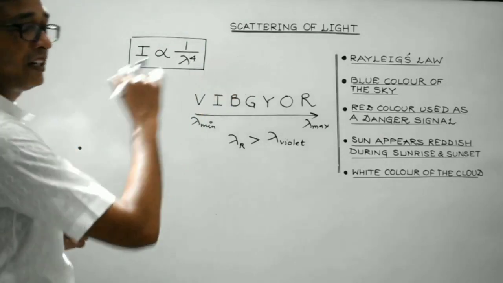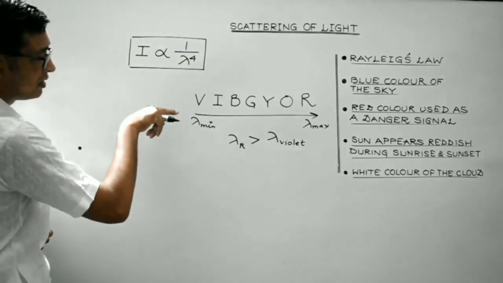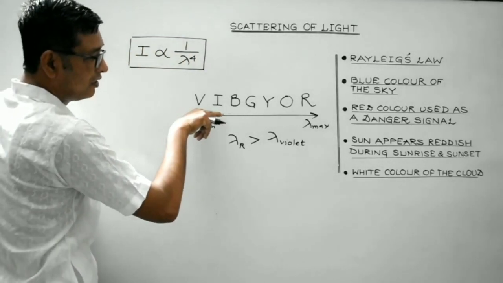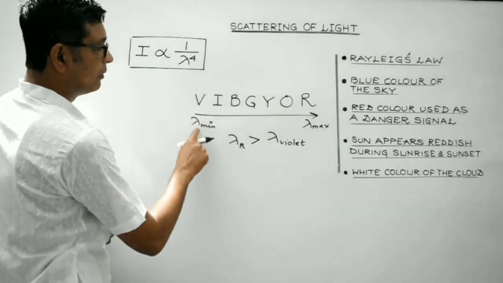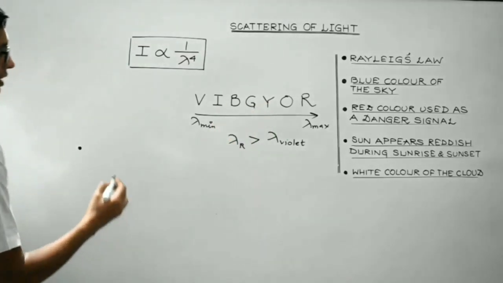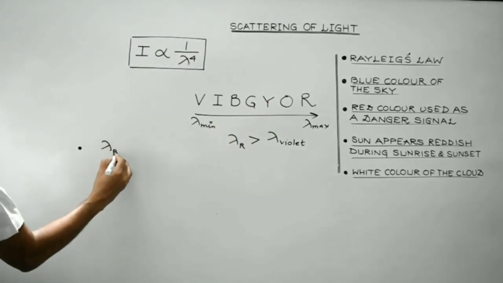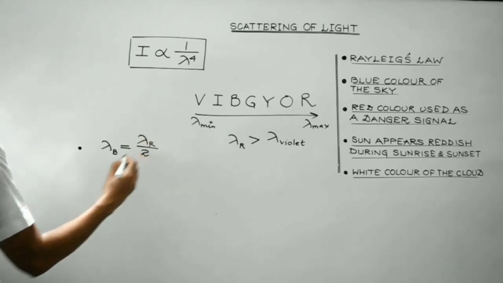I will explain it mathematically. Right? So here, as you are aware, this is in the increasing direction of wavelength. That is, violet possesses minimum wavelength, red possesses maximum wavelength. Actually, it is found that the wavelength of the blue color is equal to half the wavelength of the red color. Right?